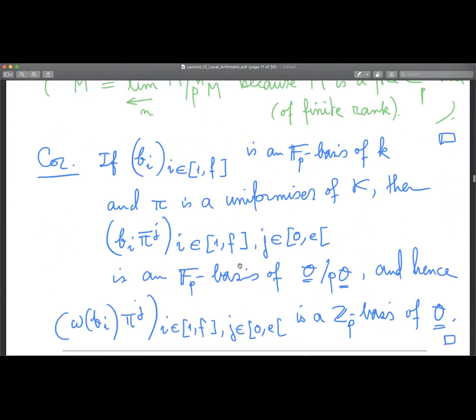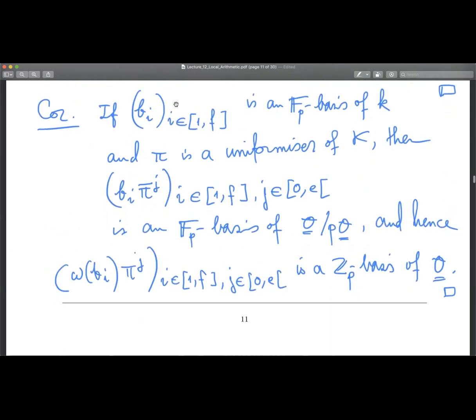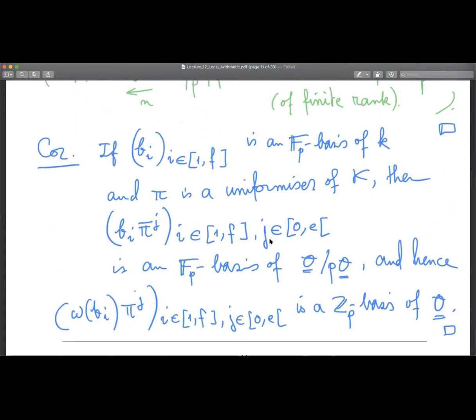Fine. So one of the corollaries is, it's a little bit difficult to read this, but it doesn't say anything very deep. It says that if I take a basis, an F_p basis of little k, the residue field, and if I choose a uniformizer of capital K, then these elements b_i pi to the j will form... so forget about these, just read the last line.